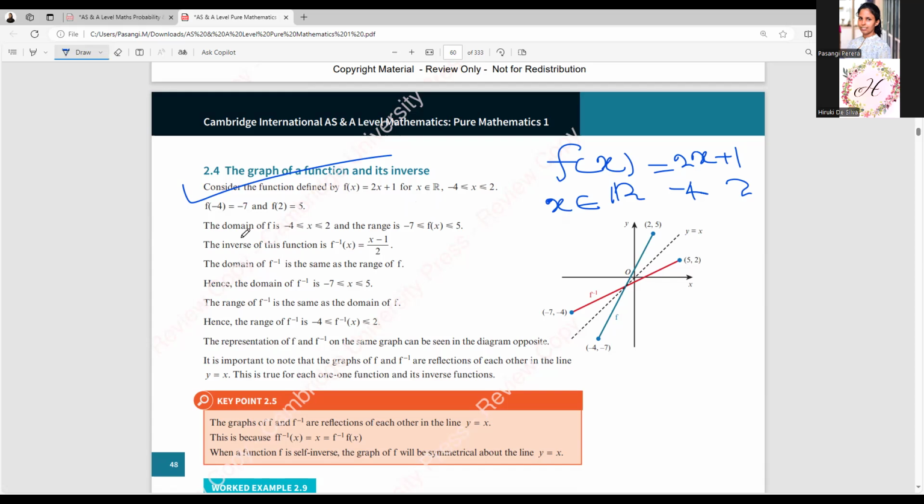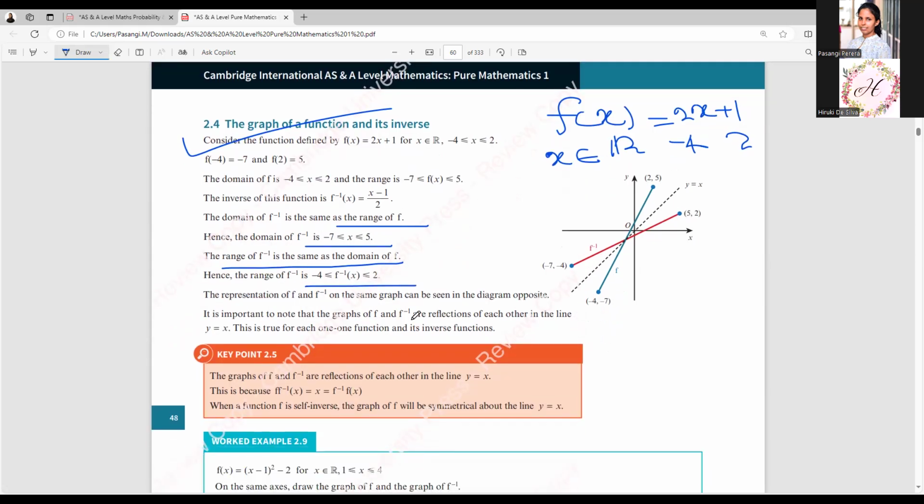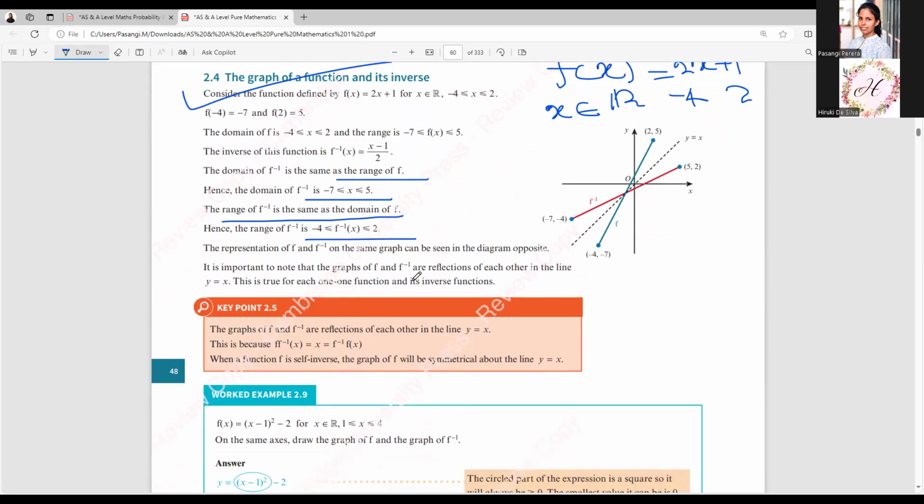So the domain of f inverse is the same as the range of f, hence the domain of f inverse is this. And the range of f inverse is the same as the domain of f, hence the range of f inverse is this. Then the representation of f and f inverse on the same graph can be seen in the diagram opposite.